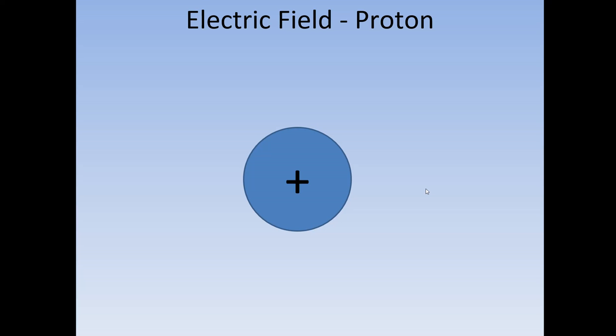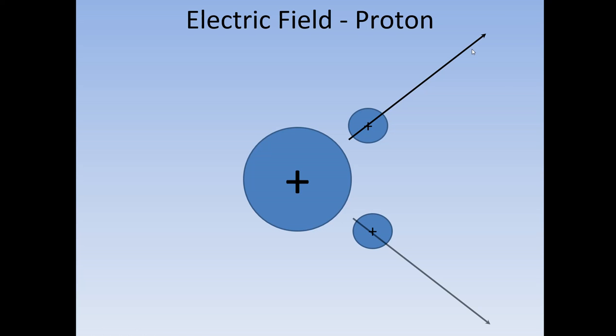All right, so here's our electric field, and now we have a proton, or a positive object. Now we're going to put a very, very small positive proton right here in this corner. If I put it here, I then ask myself, what would a proton do? Well, a proton would go away from it. So the proton would move away from the positive object. I put the proton here. Once again, what would a proton do?